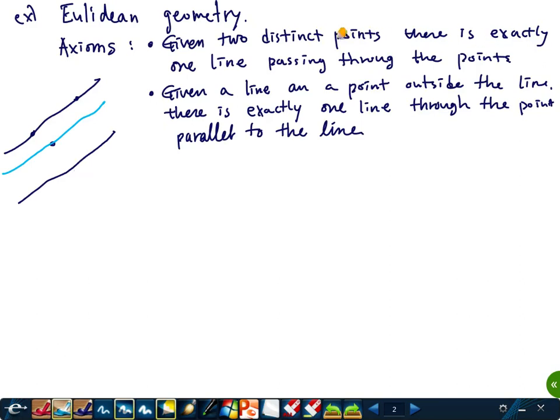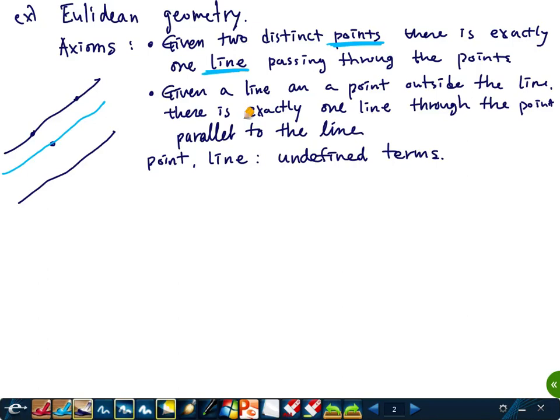Here, what are these? Point and line. These are undefined terms. We don't define this, but we have the intuition to understand this.